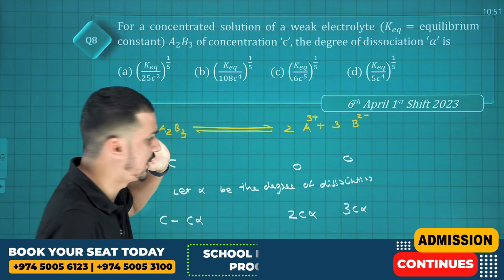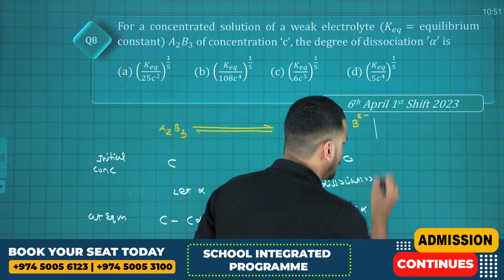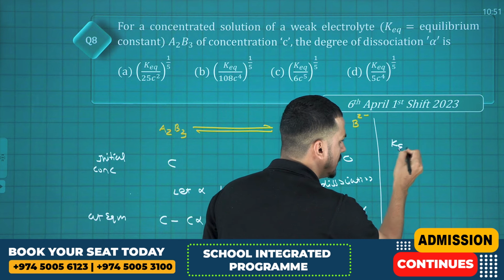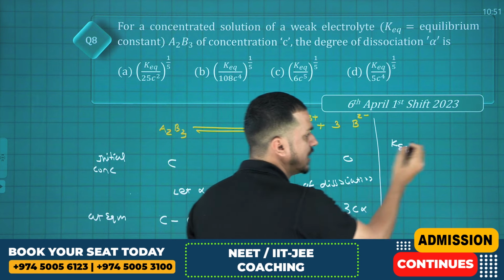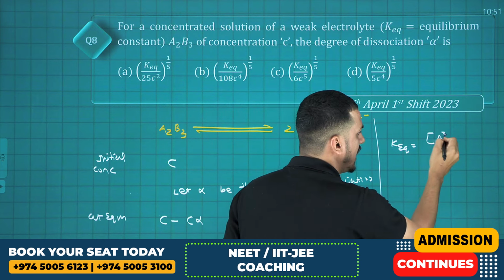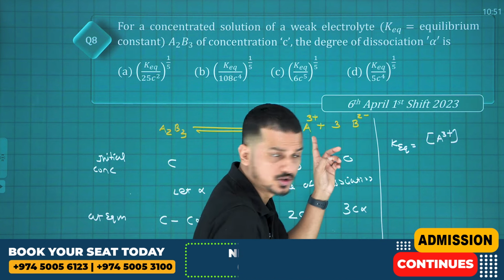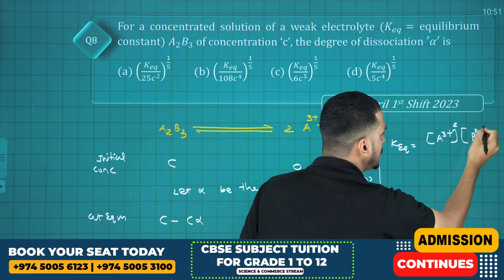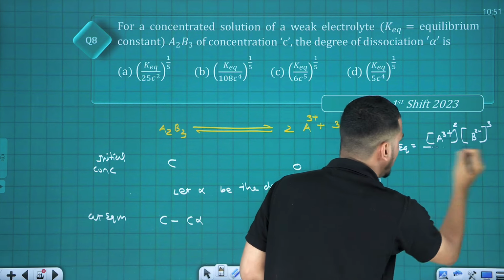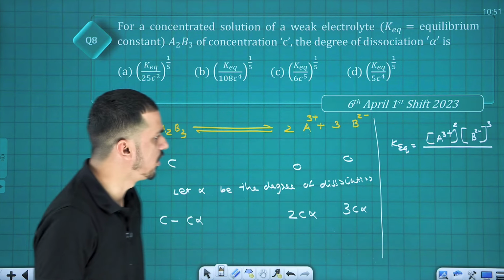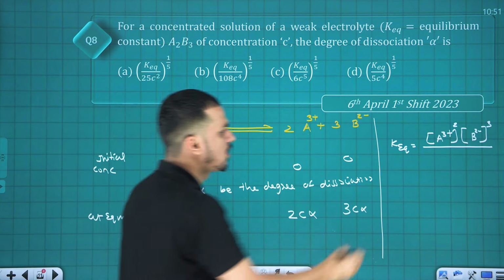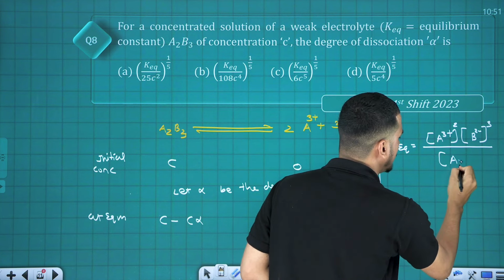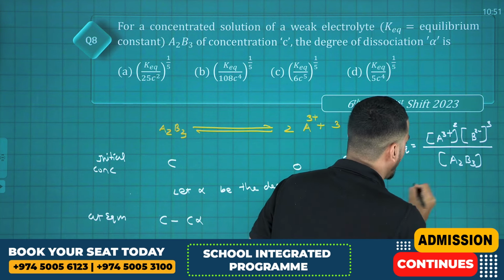K equilibrium equals the concentration of A3+ all raised to 2, into the concentration of B2- all raised to 3, divided by the concentration of A2B3.